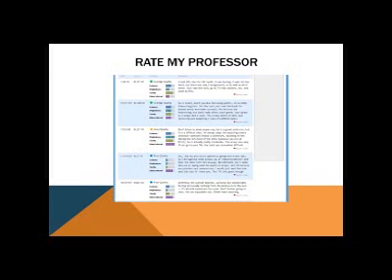And then you can also look up each class individually that teacher teaches and see what other students have given him or her as far as ratings for that course. And it's definitely very helpful to look at the reviews that they write to see what things might be on exams, if you need the book or not, things like that.